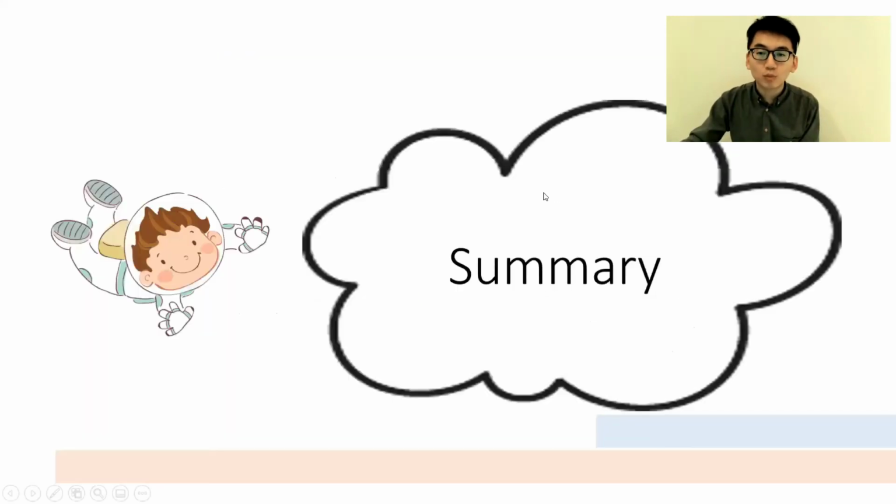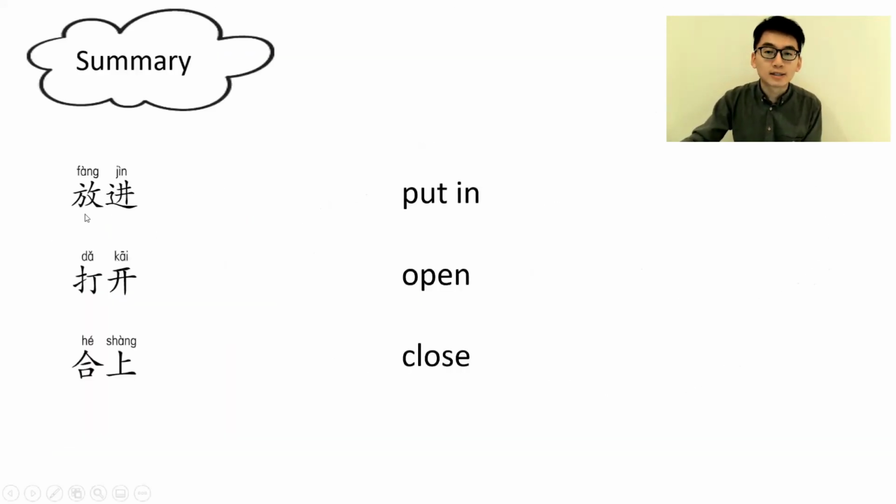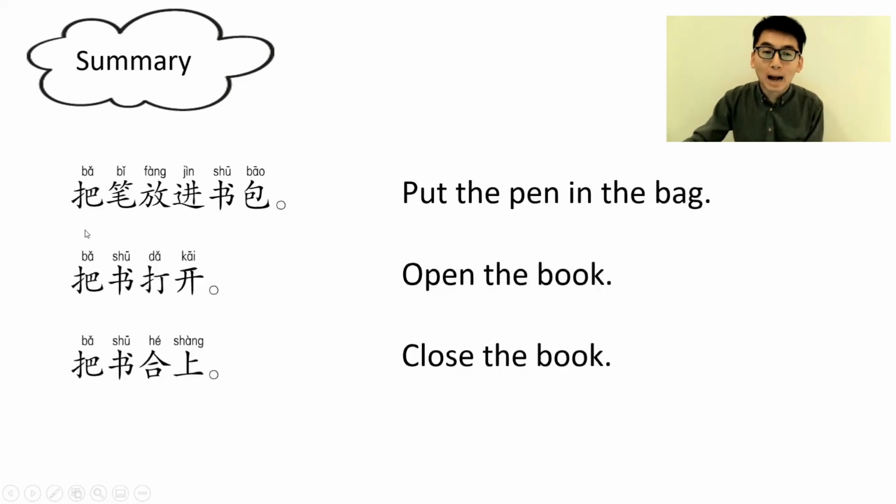All right, we've learned some actions, which is 放进 means put in, 打开 open, 合上 close, and we've learned 把 sentence. 把 sentence, the first one is 把笔放进书包.